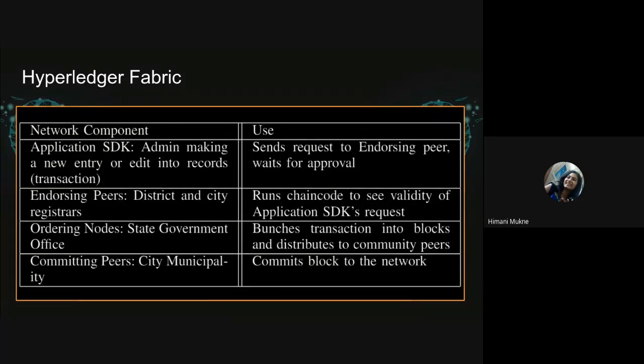The endorsing peers are the district and the city registrars, who will verify if the edit is valid or not. The ordering nodes were proposed to be the state government office that will group all the valid transactions into blocks, and the committing peers are the city municipality offices that had to commit the blocks in the blockchain.